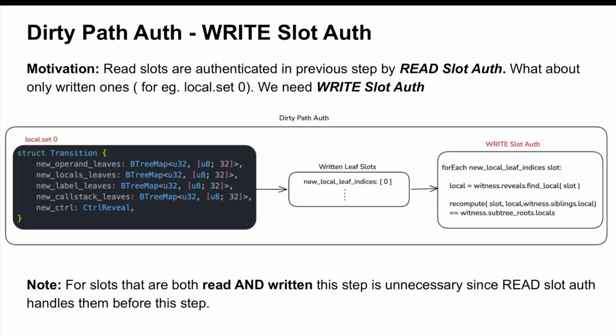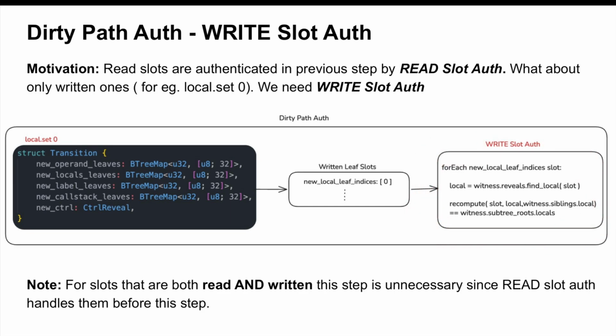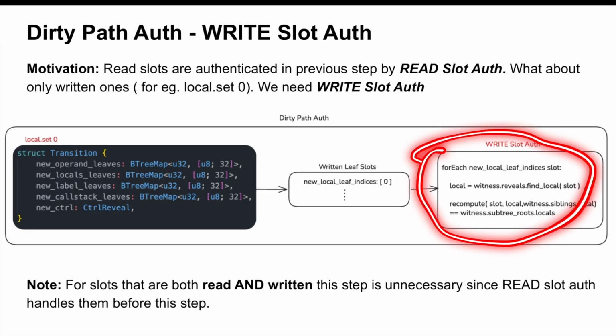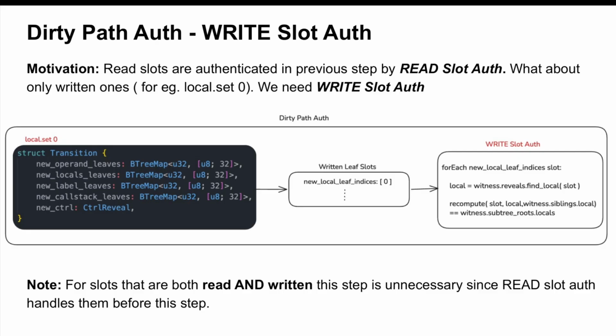So when we see we've written something in the local leaf, even if we didn't read from there, we still authenticate with the partial subtrees, just like the previous step, the same principle as the slots we read.